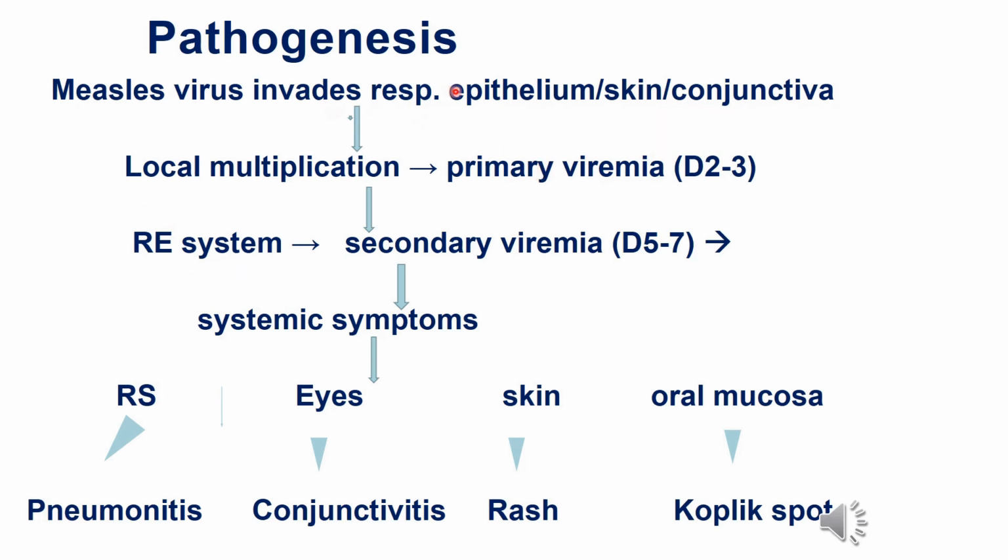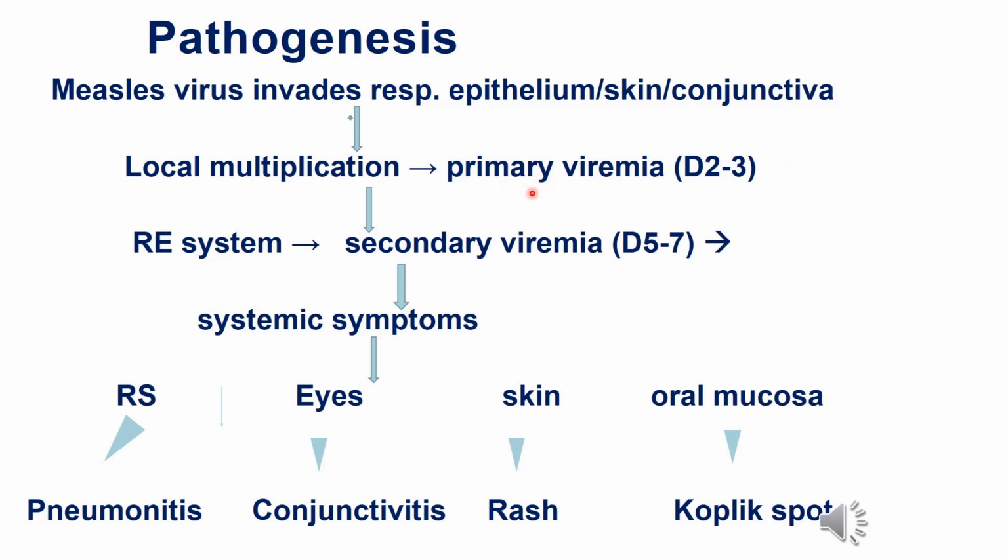Now come to pathogenesis. The measles virus first invades the respiratory epithelium or skin or the conjunctiva. From there is local multiplication, and then the virus enters the blood within 2 to 3 days. This condition is known as primary viremia. During primary viremia, the signs and symptoms of measles are not yet observed.